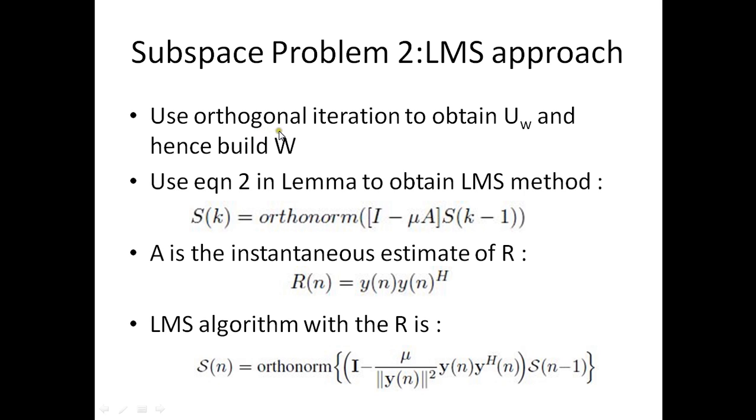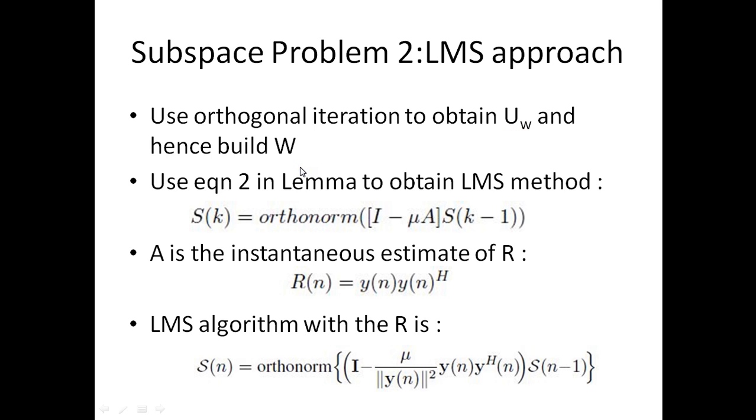Now we have to first determine the basis for the noise subspace and later form W. So this slide will explain the LMS based approach to obtaining an estimate of the basis of the noise subspace, that is UW.